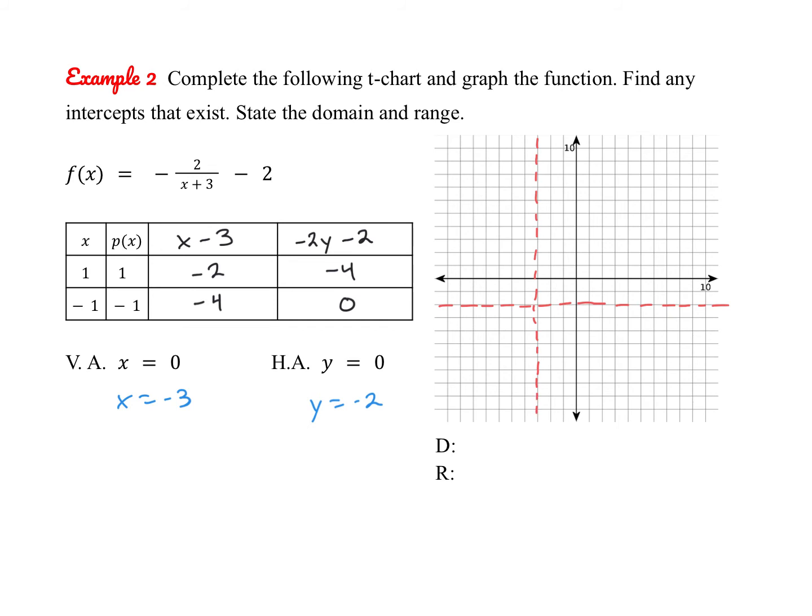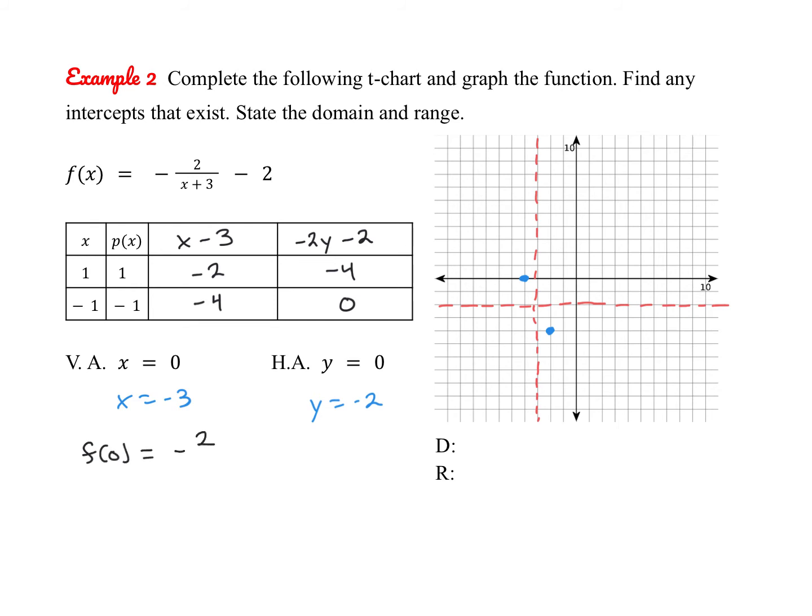right here. And we can plot those transformed coordinates that we have. So here we have negative 2, negative 4, and then we have negative 4, 0. So here we do have our x-intercept. It would be nice to know what our y-intercept is, and of course we can find our y-intercept by plugging in 0 for x.